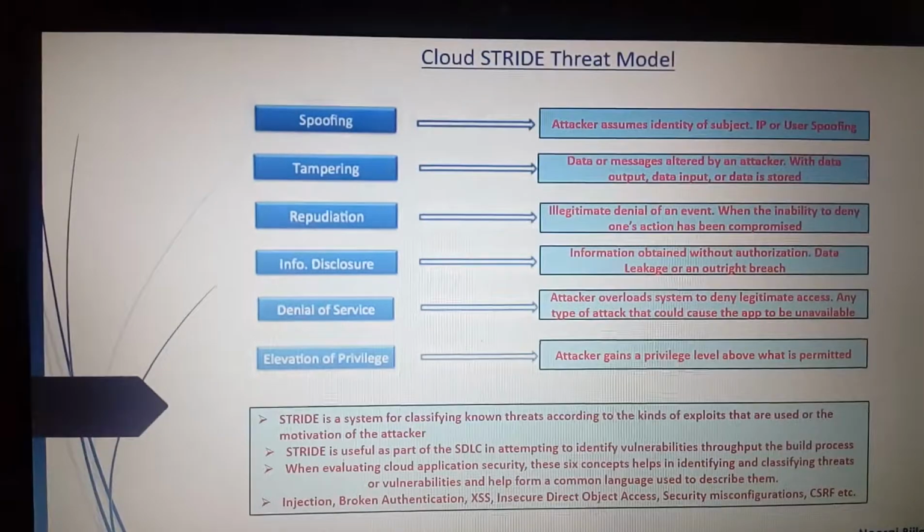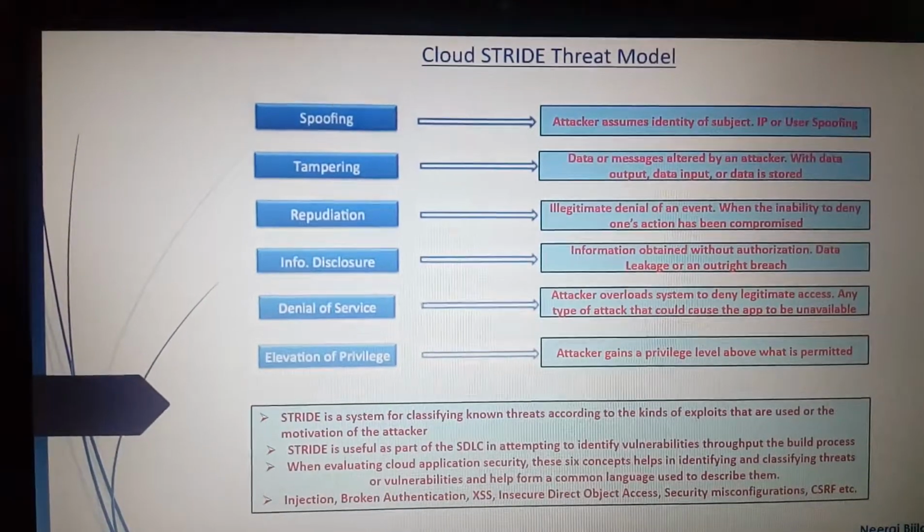So this is all about the STRIDE threat model understanding.